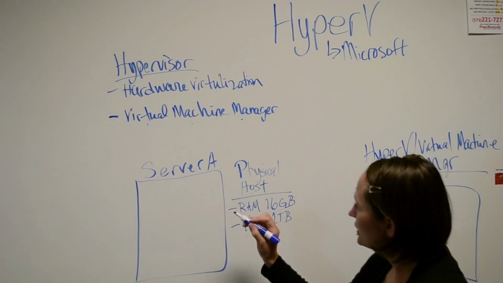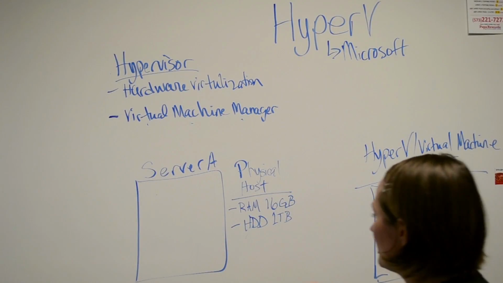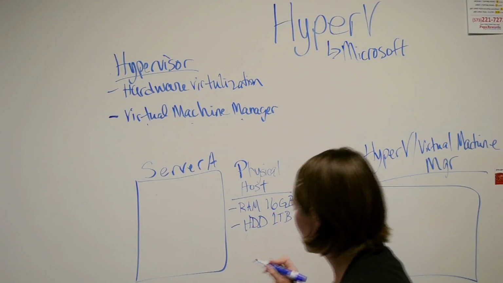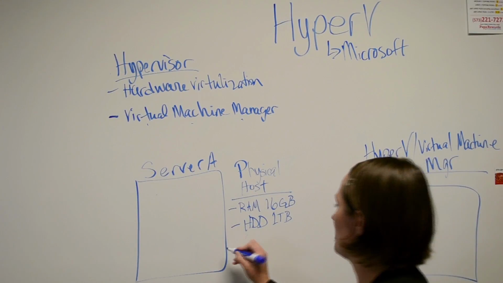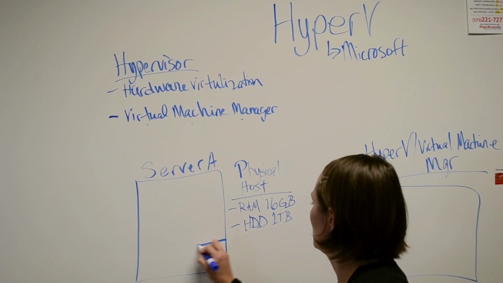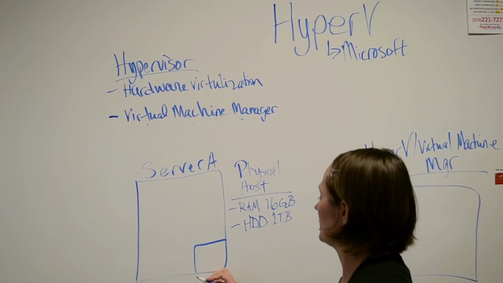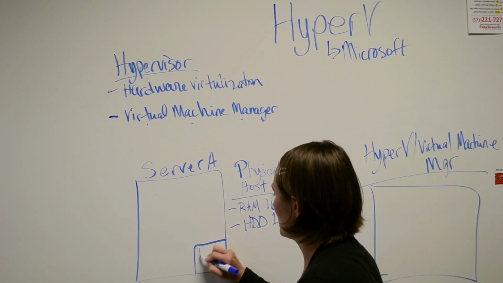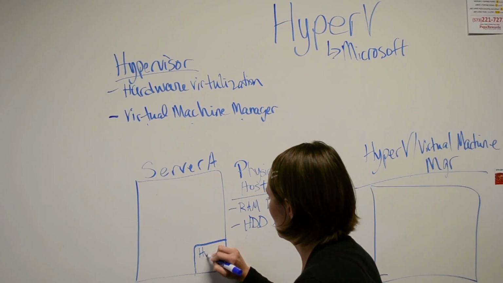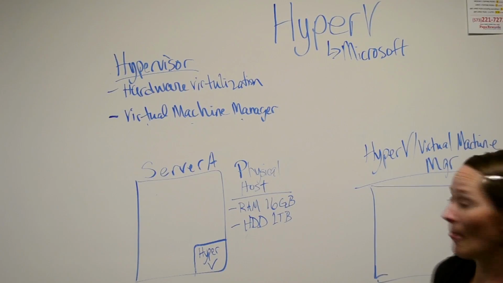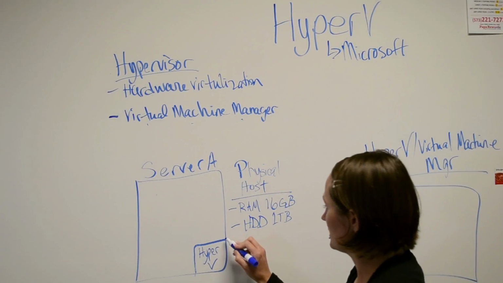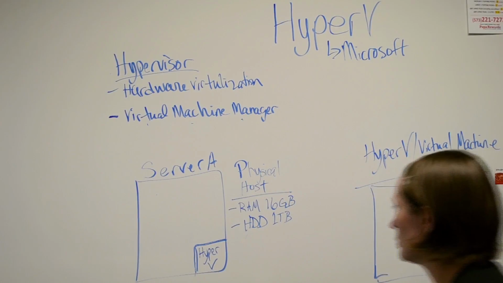And what you do when you install Hyper-V onto a server, it's almost like Hyper-V goes and rents out some apartment space on your server. So it's like it rents a little apartment down here. So here's Hyper-V. It's renting some space down there. And that's all it really does, it just kind of rents that little corner.